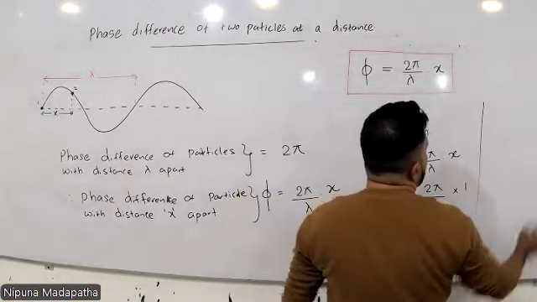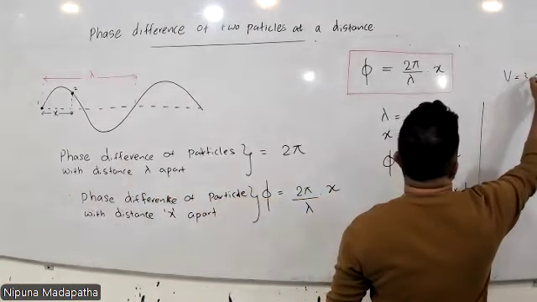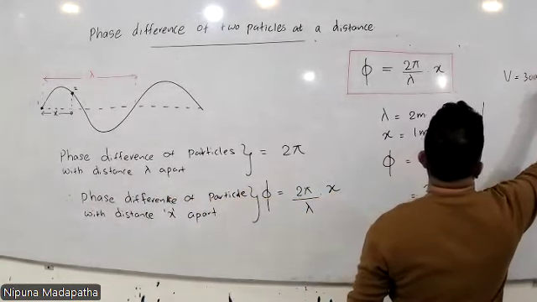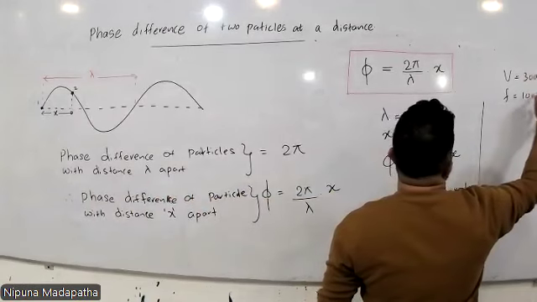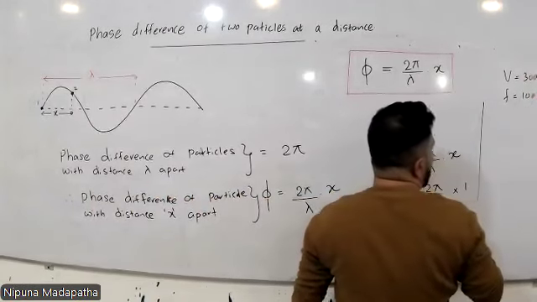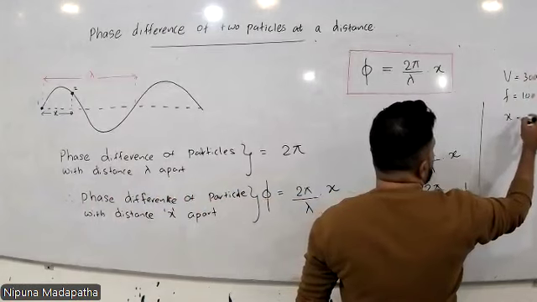In the previous example, velocity is 300 and frequency is 100.